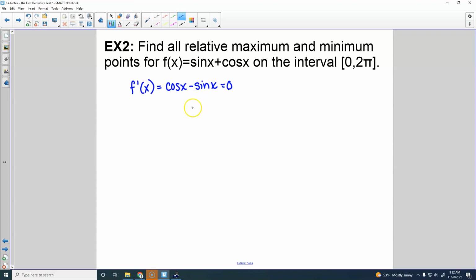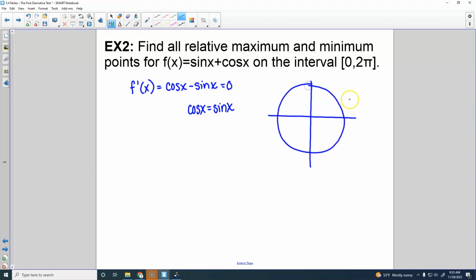Now, this one's basically, if we move that sine over, it's just where cosine x equals sine x. So if we think about the unit circle, where does that happen? Where do we have the same values for cosine and sine? Right here at 45 degrees, which would be pi over 4, we would have root 2 over 2 and root 2 over 2.